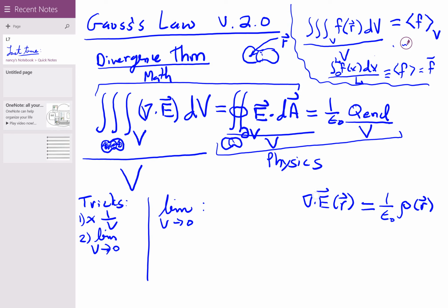I can basically substitute this equation into the divergence theorem and prove that the integral form of Gauss's law that you are used to actually follows from this differential form. The two are equivalent. And this is usually called the differential form of Gauss's law, or if you want, I like to call it tongue-in-cheek, Gauss's law 2.0. It's a very powerful Maxwell equation.